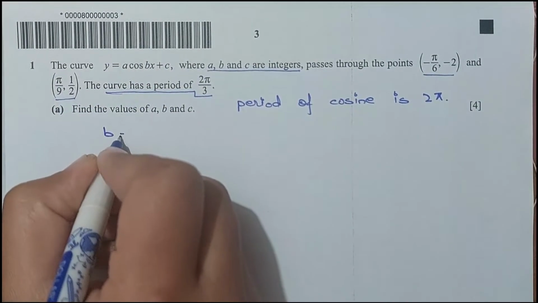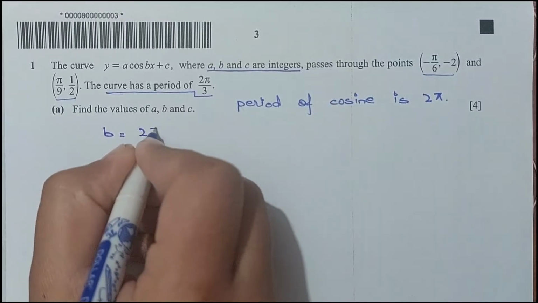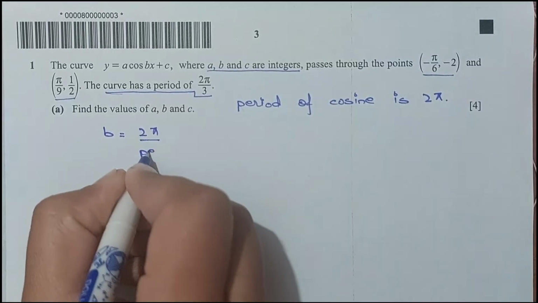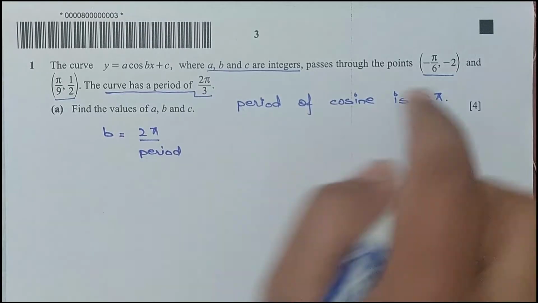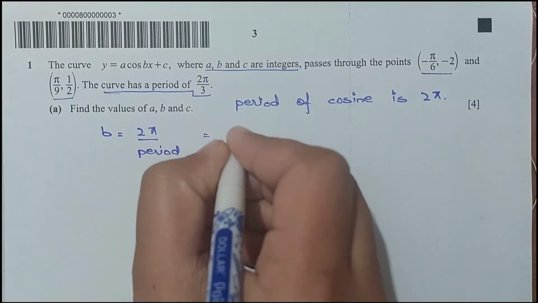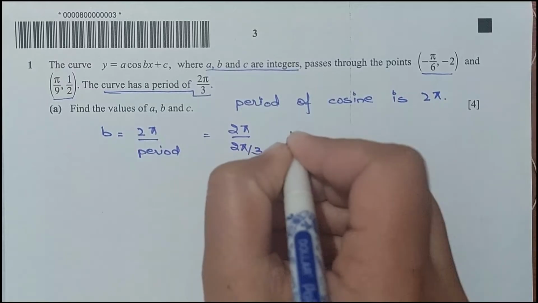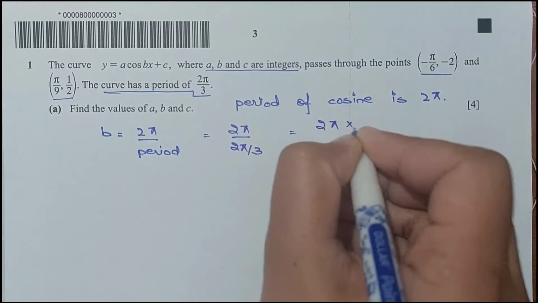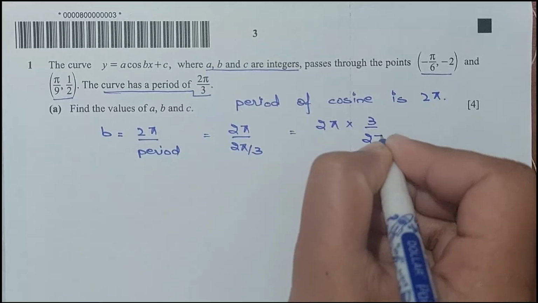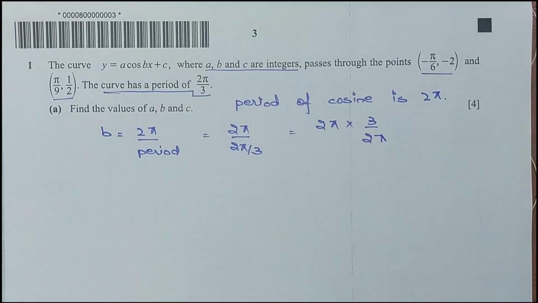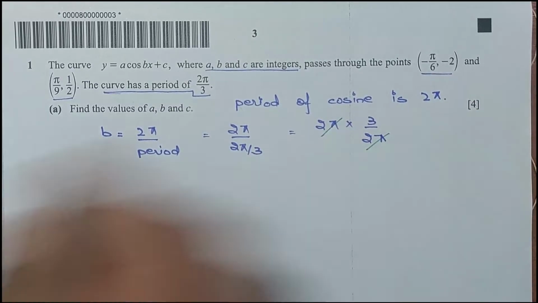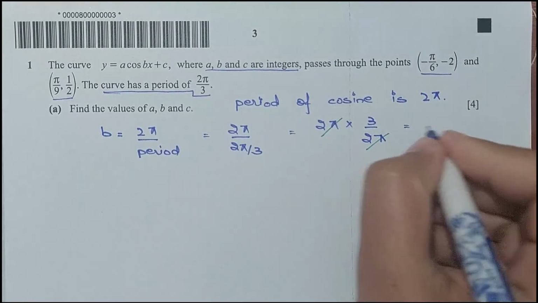The b value is 2 pi over the given period, because the cosine period is 2 pi. 2 pi over the given period 2 pi by 3 is 2 pi times 3 over 2 pi, the reciprocal of the denominator. Now we can cancel the 2 pi and 2 pi. You will get the b value, which equals 3.